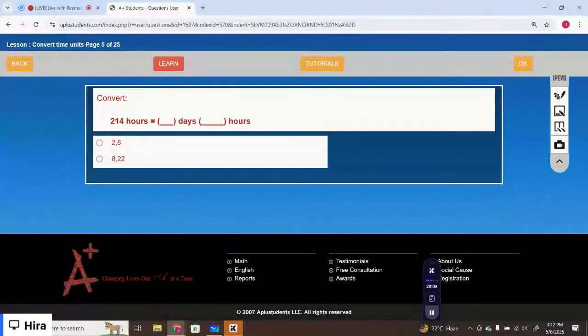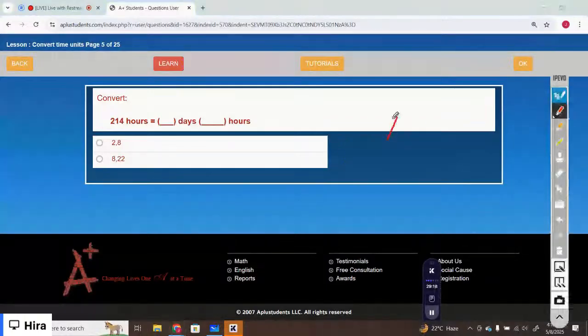So we need to divide it by 24, because in one day we have 24 hours.